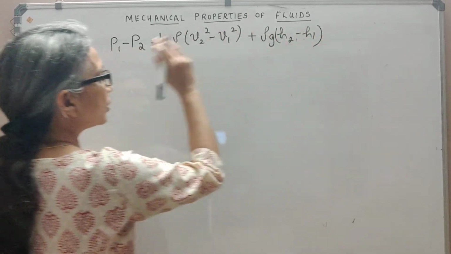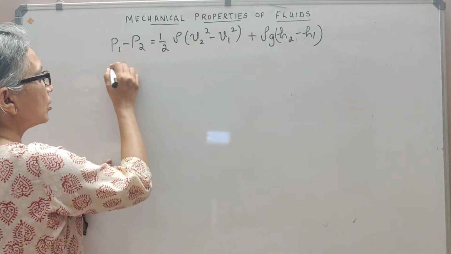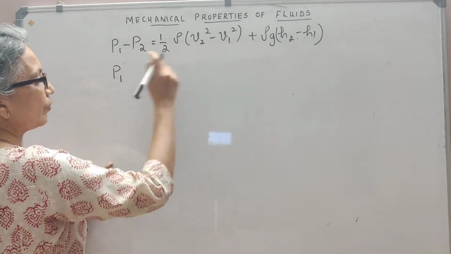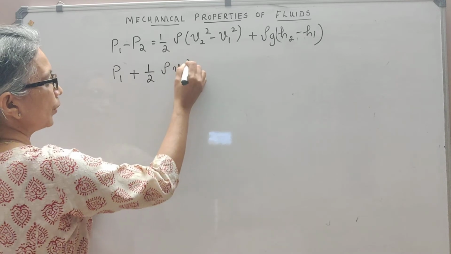Now I'm going to bring all the 1 terms to the left and 2 terms to the right. So this will be P1. When I bring half rho V1 square to the left, it becomes plus half rho V1 square.